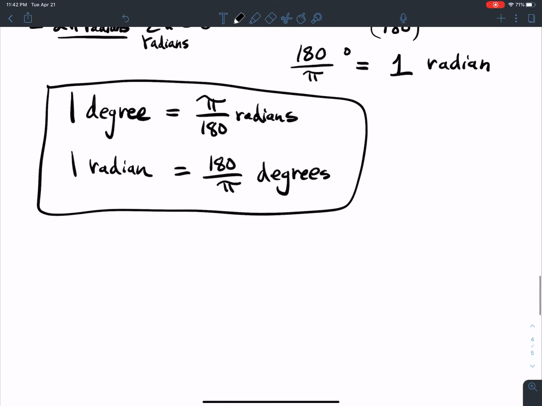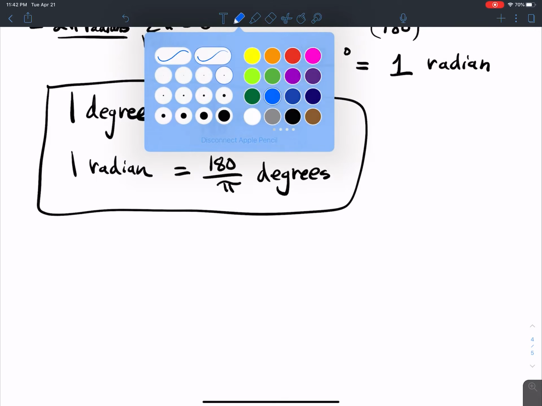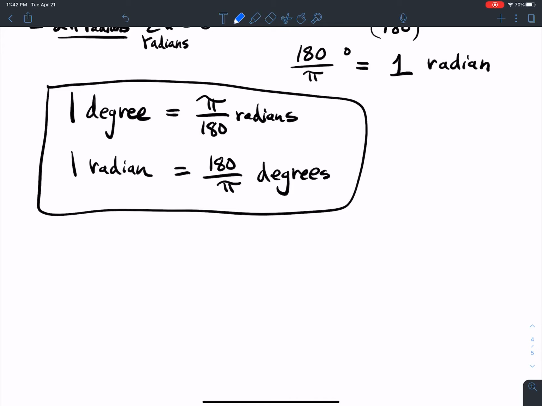The way I always remember what's what is if I'm trying to convert to radians, I'm going to have the pi on top. My radians are dealing with pi, and my degrees, typically I don't have the pi, I have the 180 on top. I associate 180 with my degrees, and I associate pi with my radians. That's how I think about it. How you memorize what's what, I don't care. You just make it work for you.